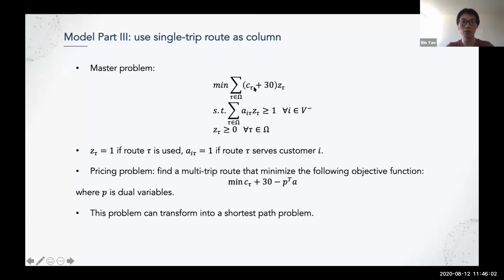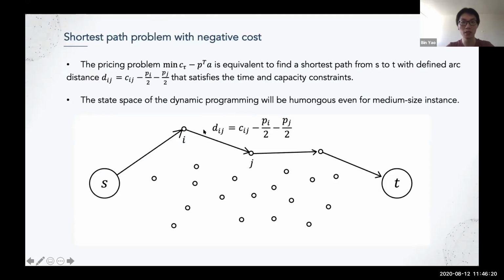When we consider the pricing problem, we need to solve this minimization problem. Here, P is the dual variable, and A is the column we need to generate. We think this problem can be transformed into a shortest path problem. First, you have two copies of the depot, S and T, and you need to find a route starting from the depot and ending at the depot.